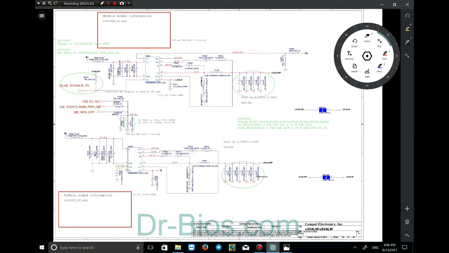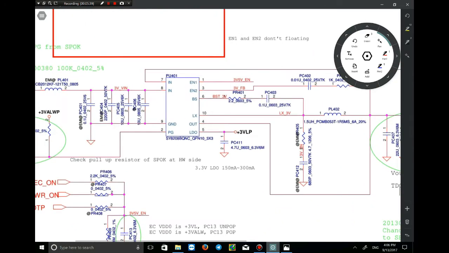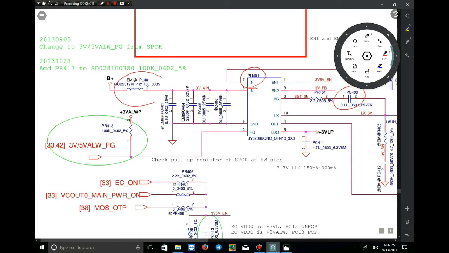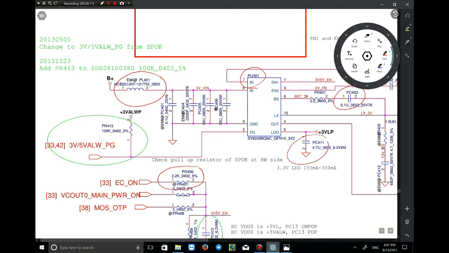I want to talk about code 400 now. It's on page 30 of this schematic. All codes are over 400. PU 401, PC 403, PL 401, PR 406, PC 411.